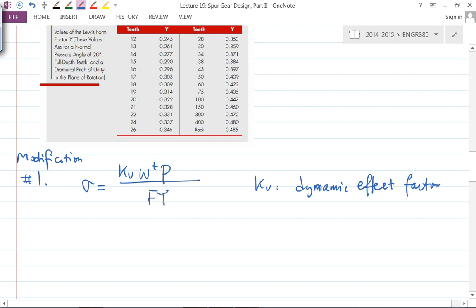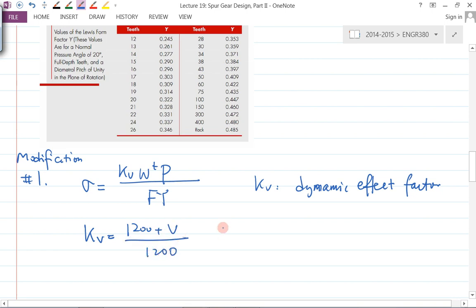So that's the early stage of modifications to the Lewis equation: apply a dynamic factor Kv. Often you can find Kv from an AGMA catalog or code.